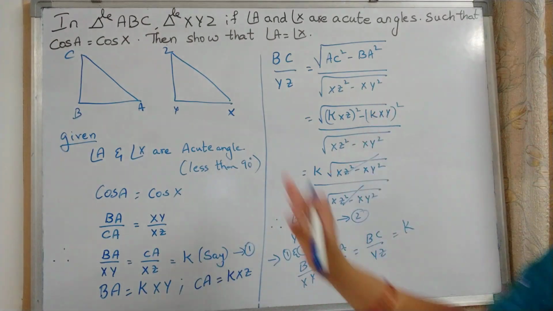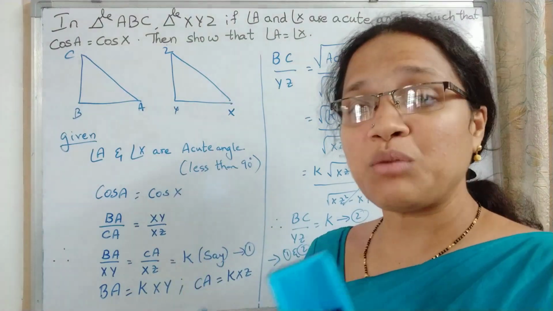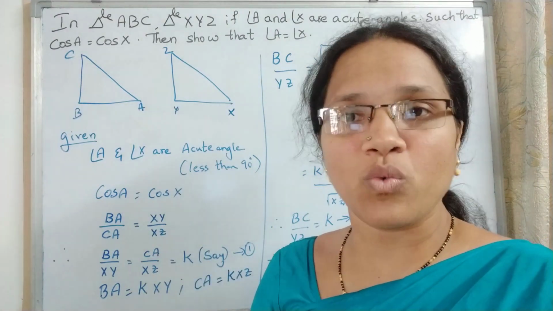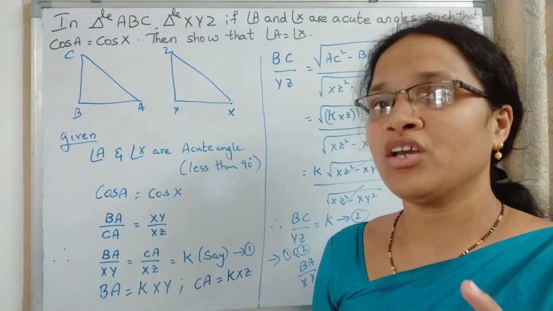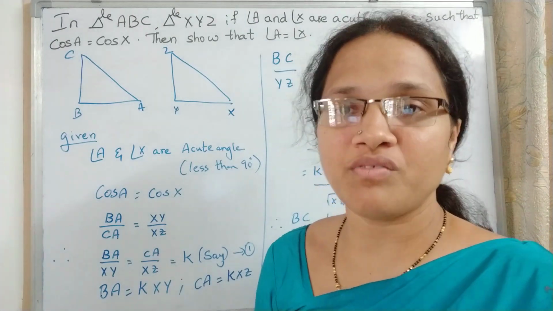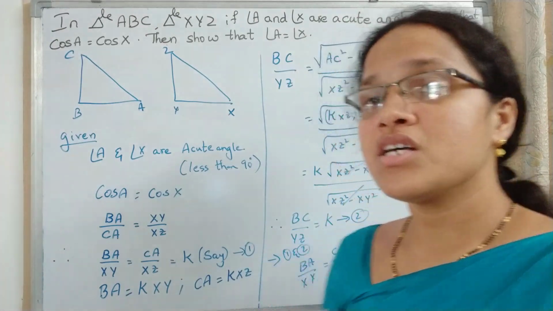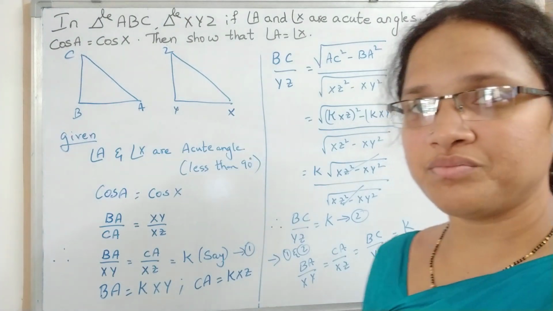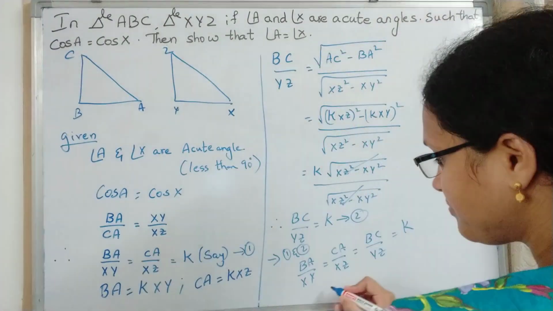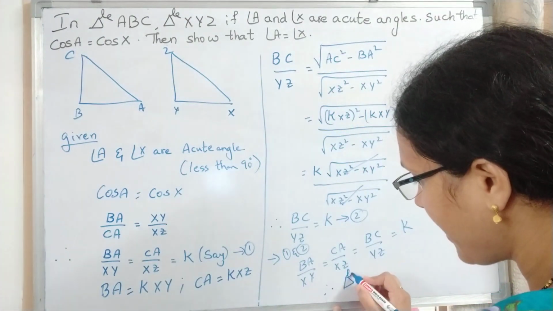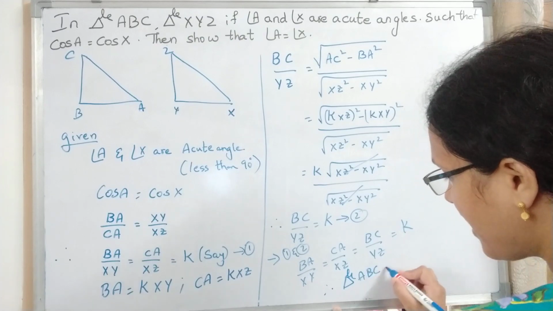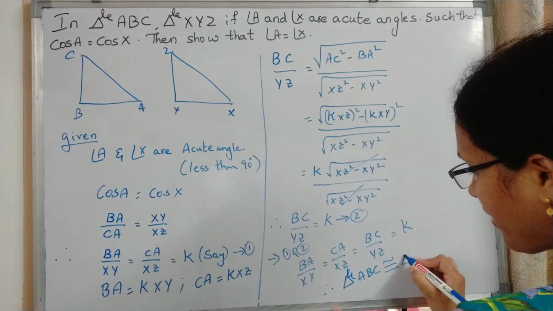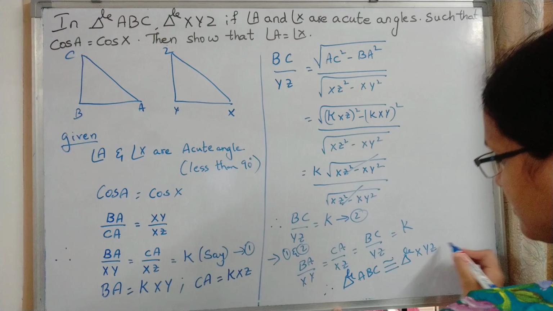If the three sides of the two triangles are equal, you know that we have read about the congruence rules of triangles. So if the three sides are equal, we can prove that triangle ABC is congruent to triangle XYZ.